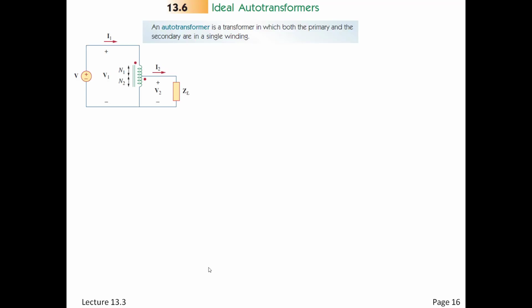With autotransformers, the real difference is that everything is on a single winding. You can see this even in the schematic. Here's the iron core, as always. You can imagine a single coil like this, and notice the dots are in the same orientation, which they're going to be.